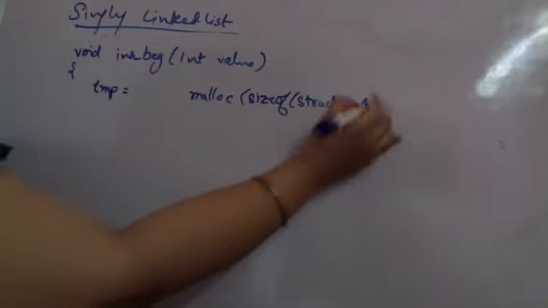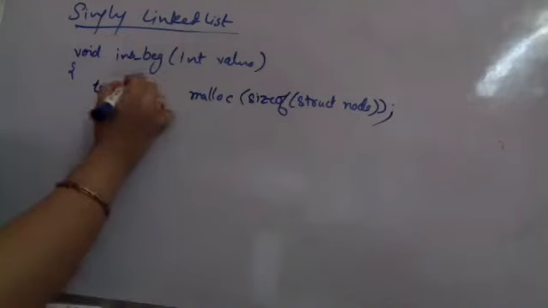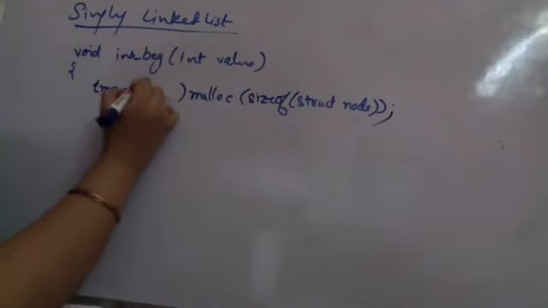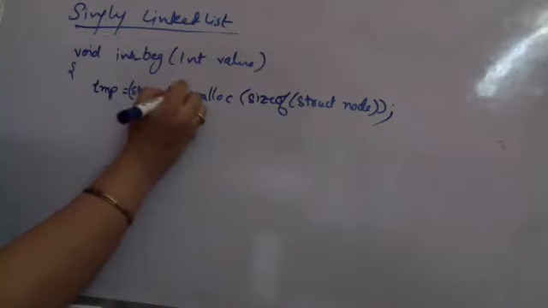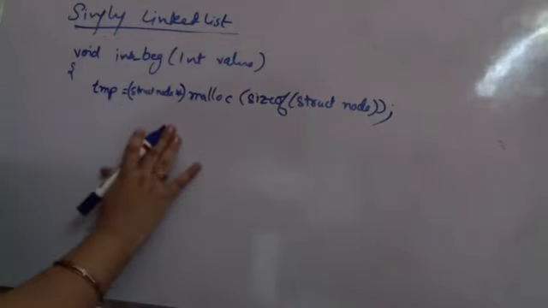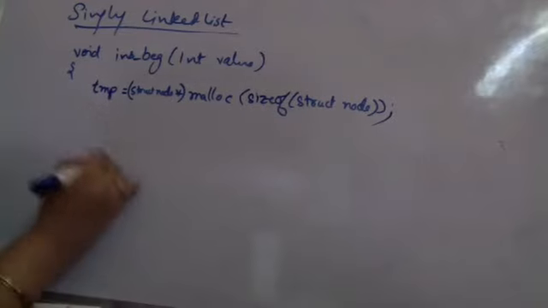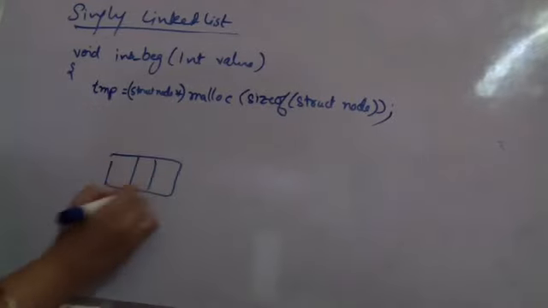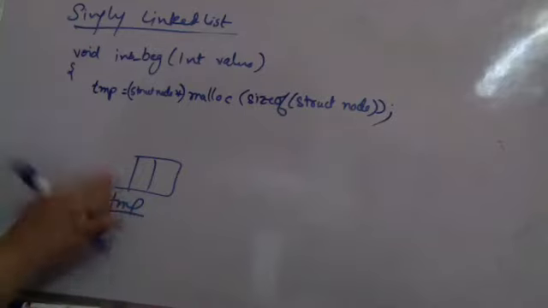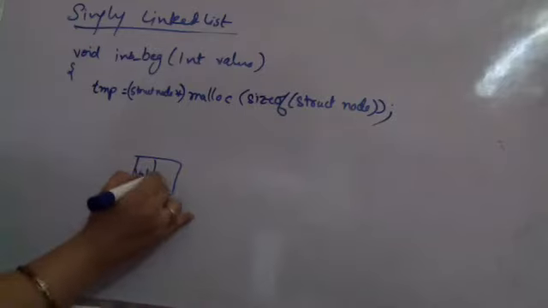This much memory is to be allocated, right? And I have to typecast it into struct node pointer. Is this clear? This creates a node in memory and its address is stored in temp. So temp is referring to this node, which has some value and some pointer.